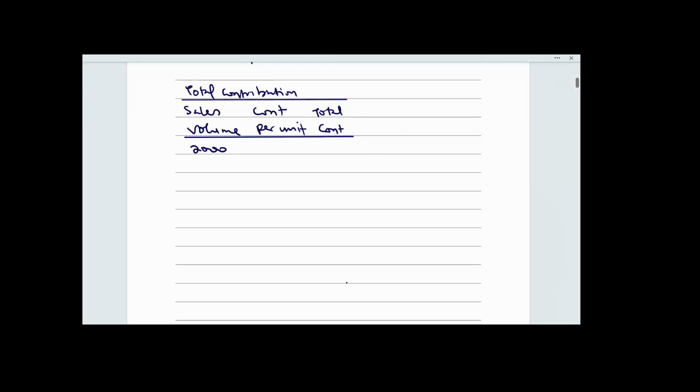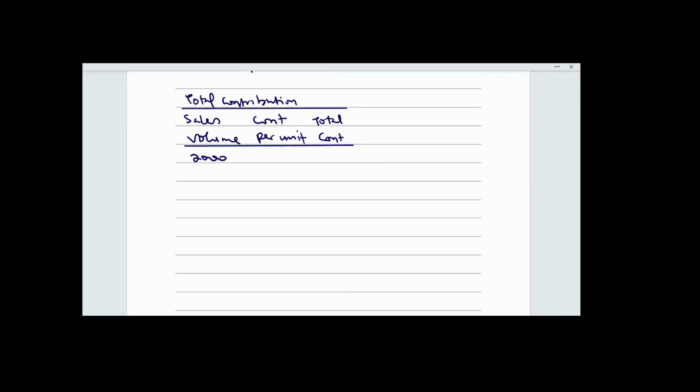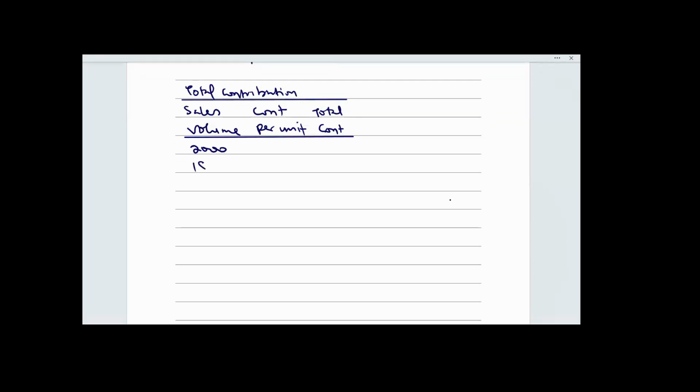After 2,000 units, what's the next one? 1,800. Next, 1,500. Next, 2,500. And the last one, 1,000. So these are the sales volumes.